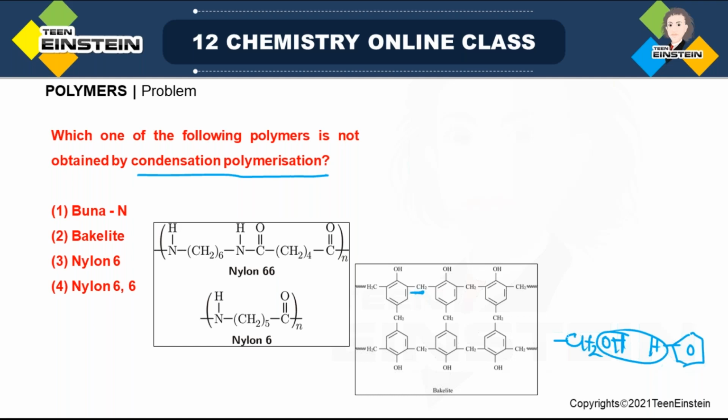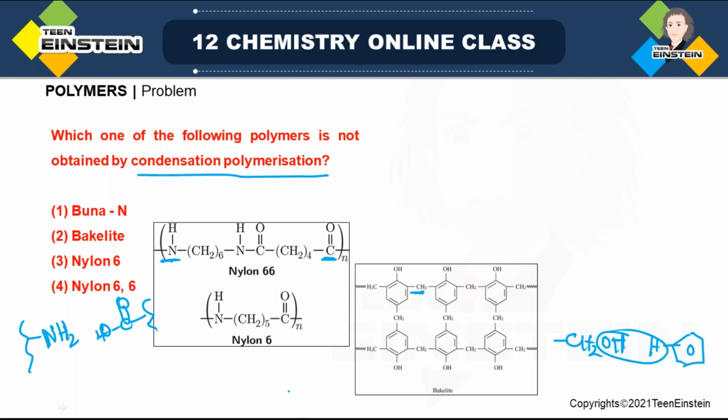So here removal of a water molecule is involved. So this is condensation. Then if you look at the structure of nylon 6 and 6,6, amide bonds are present. After CO there is NH, which is clear from the repeating unit. Similarly, on the left-hand side, after NH there is CO. Amide linkage formation is possible only when one monomer unit has NH2 and another has a CO2H group.